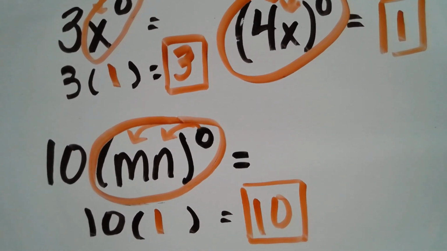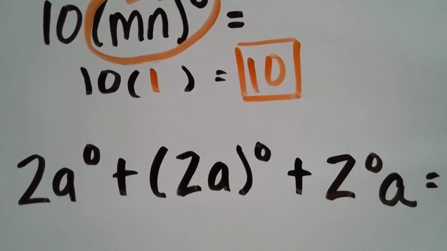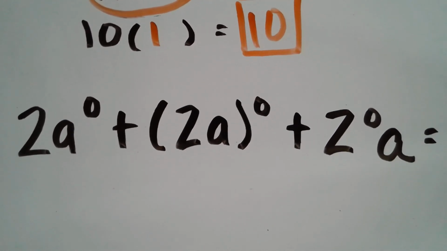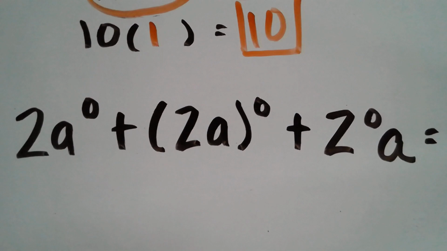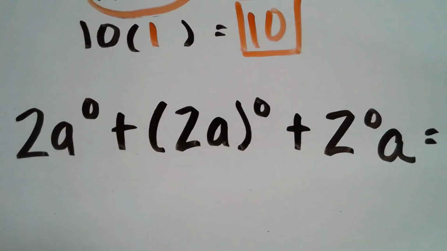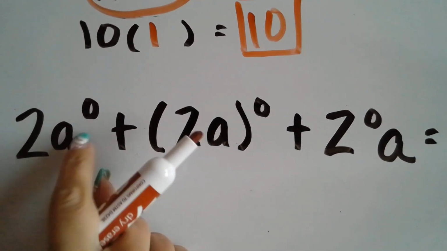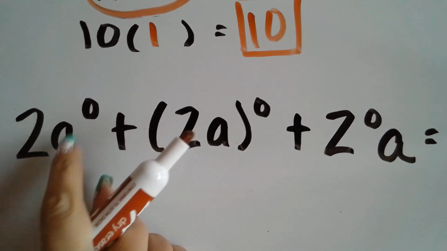Now I'm going to show you another problem. Now this one may look a little bit more complicated because we have a whole bunch of different parts. We've got a couple of zeros in here. We got some letters and numbers. Don't worry. Just start identifying. Wow, I have a 0 for an exponent. What is it paired with? The a.